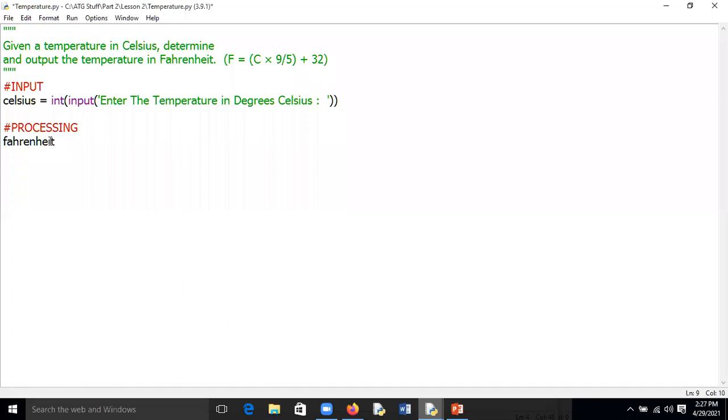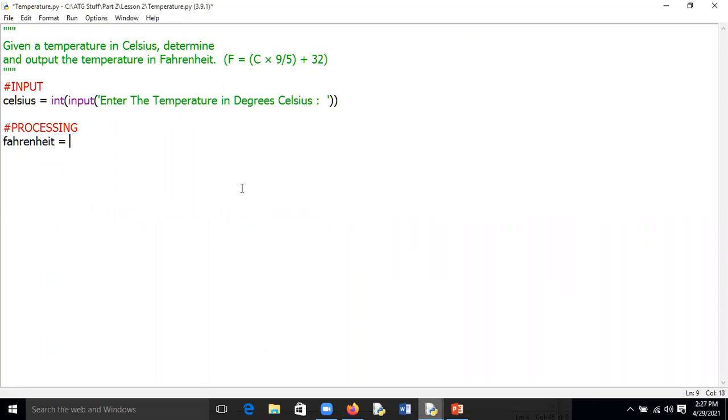Remember I told you your variable names need to be meaningful. That means just by looking at the name of the variable, you would understand what is actually stored in there. In a previous program, we used percentage, we used perimeter, we used area.